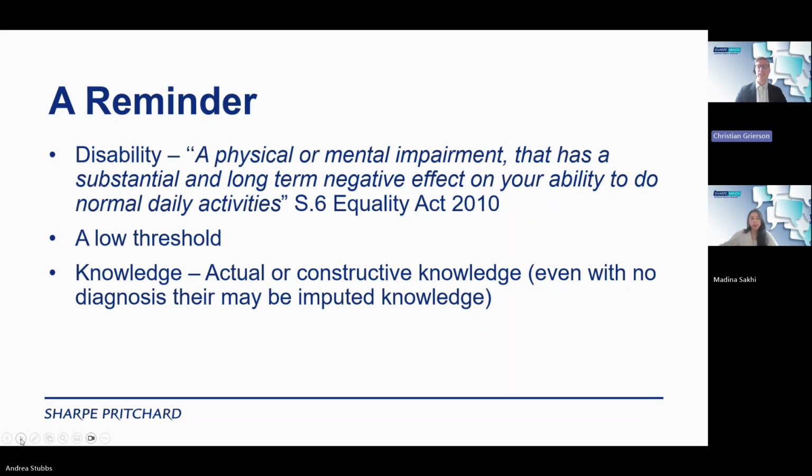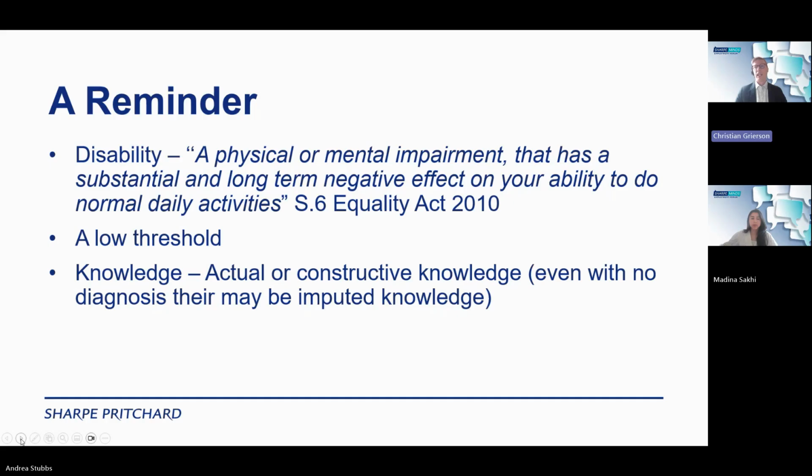Equally, on knowledge, an employer will be considered to have knowledge of the disability, whether it's actual or constructive. So actual means they are aware of it quite obviously. For example, an employee uses a wheelchair, it's obvious that they have a mobility disability, and so the employer will have actual knowledge. Constructive knowledge is less clear cut.